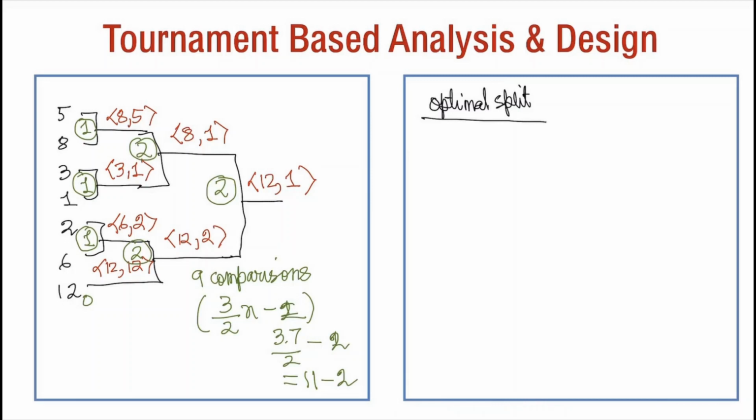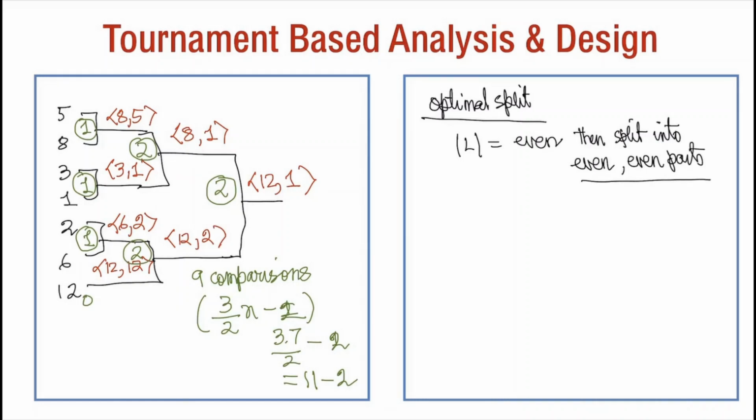But if you analyze this a little carefully, what we shall see is that our optimal split would be: if the size of L is even, then split into even parts.